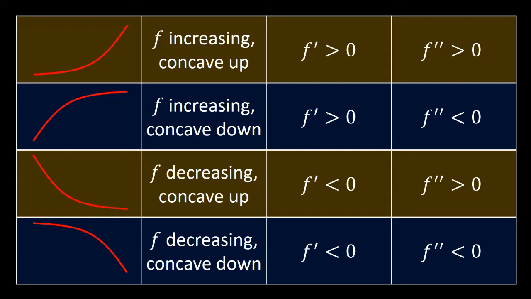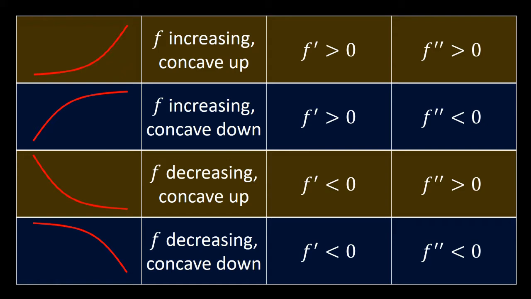You can have positive positive, positive negative, negative positive, or negative negative. Depending on which combination of signs you get, you get four different possible behaviors for the shape of the graph of f, which are increasing concave up, increasing concave down, decreasing concave up, or decreasing concave down, as I've shown you here.